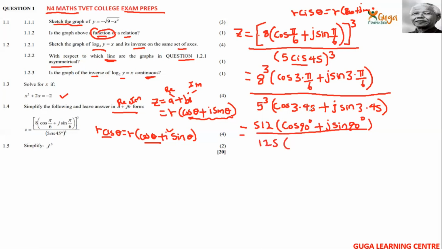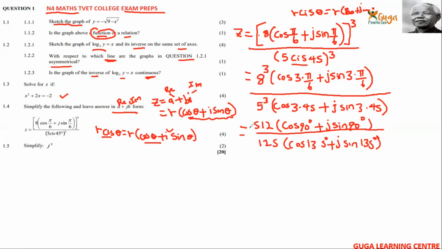And then 3 multiplied by 45, 135. You should get cos of 135 degrees plus j into sine of 135 degrees, right?